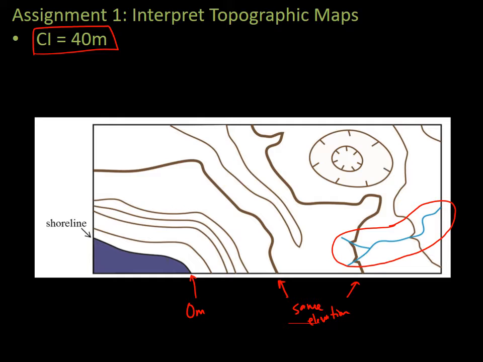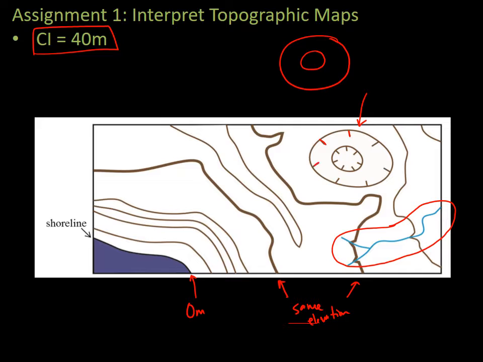One last hint is related to this feature here. I mentioned previously in the video that a series of circles, contour lines represented as circles, represent cone features. But you can have cone-shaped mountains and cone-shaped depressions. So how do we know which is which? And that's what the little tick marks tell us.